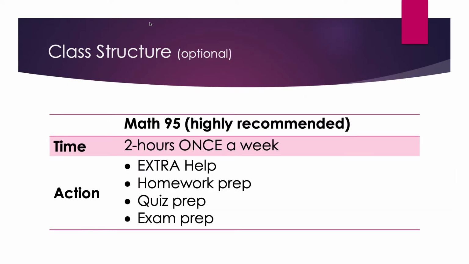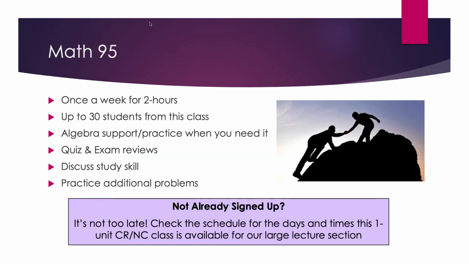Also, this class provides an optional but highly recommended Math 95 course. It meets only once a week for 2 hours, where you will be getting extra help you need to pass this class, prepare for your homework, quizzes, and exams.